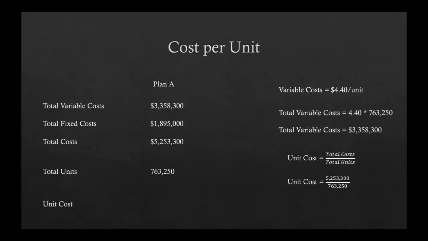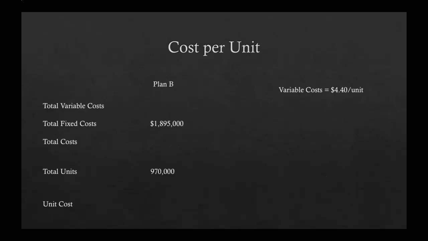So 5,253,300 divided by 763,250, and we get a unit cost of $6.88. So under plan A, each unit produced will cost $6.88.